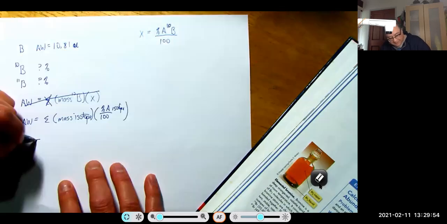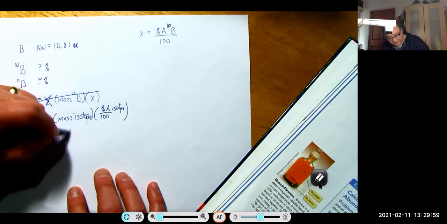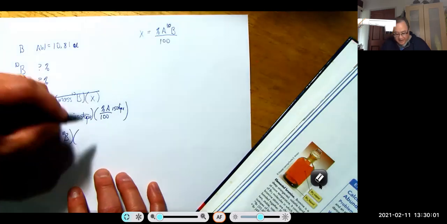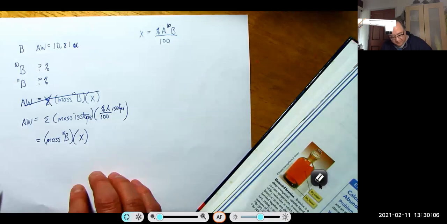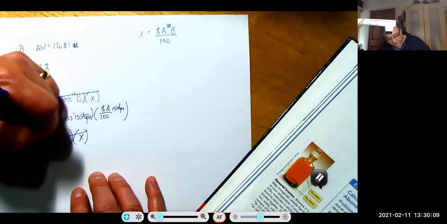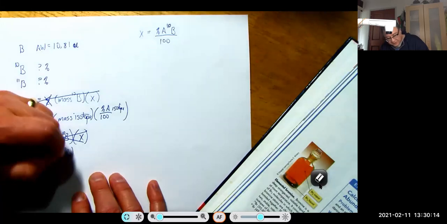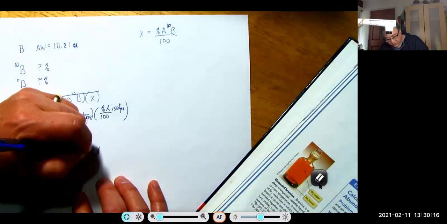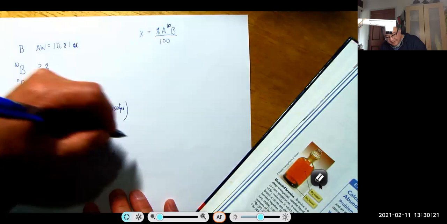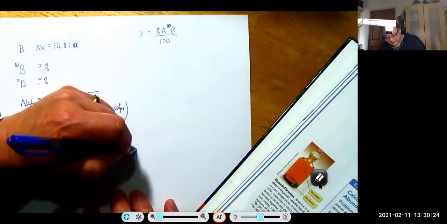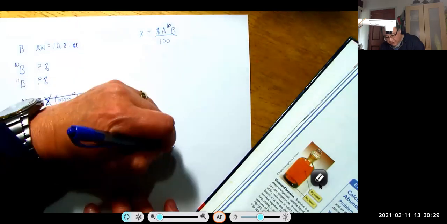So now I would write the mass of boron 10 times X, where X represents that. Or I could do this, maybe this would be clearer if I wrote the mass of boron 10 times the percent abundance of boron 10 over 100 plus the mass of boron 11 times the percent abundance of boron 11 over 100.